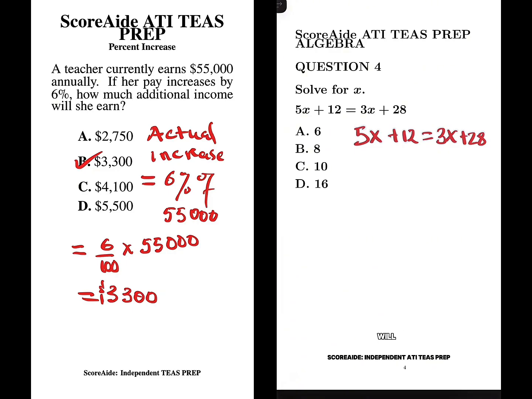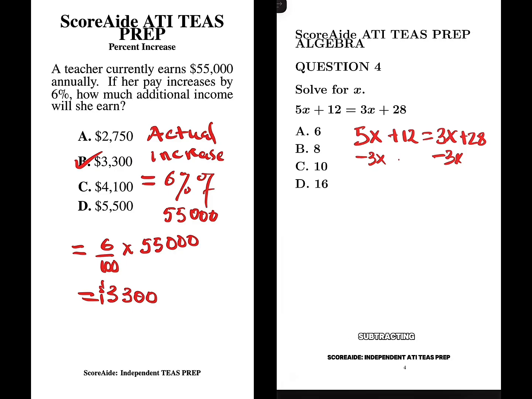3x will come closer to 5x. So for us to do that, we have to eliminate 3x from the right hand side by subtracting 3x from both sides of the equation, right? And also we need to eliminate plus 12 from the left hand side of the equation by doing what?